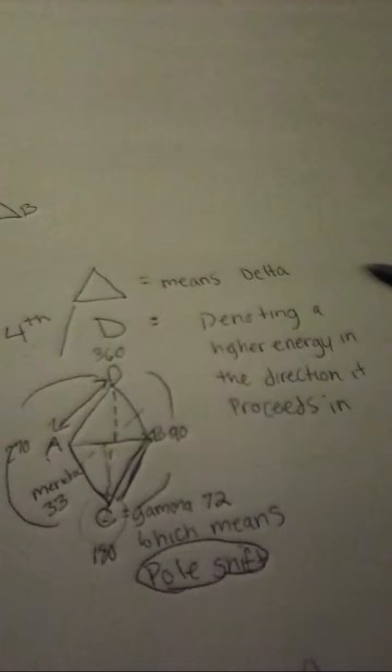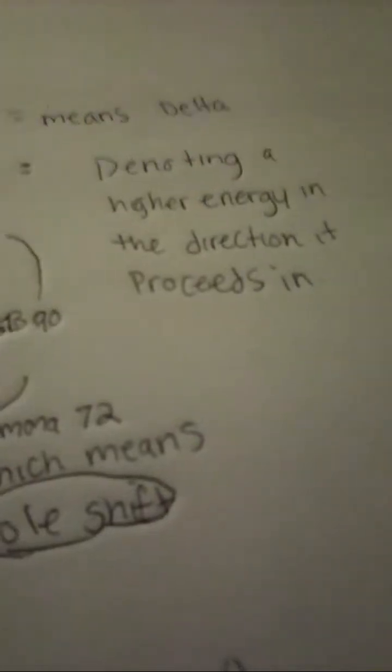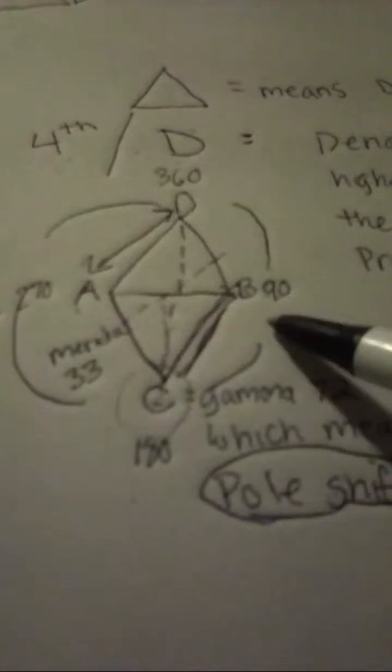And, okay, so let's say this again, class. All right, so what is delta? It's the fourth letter of the alphabet represented as a triangle, and in math and science it means denoting a higher energy in the direction it proceeds in, which is your 90, 180, 270, 360.